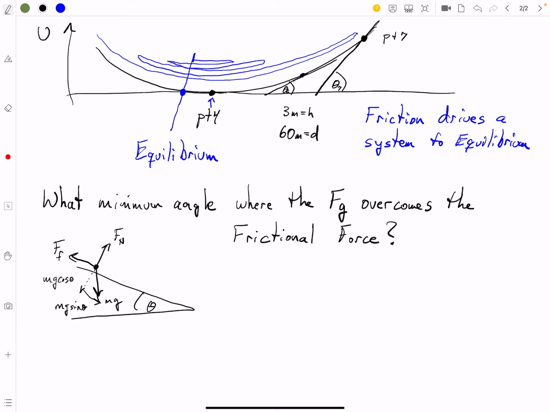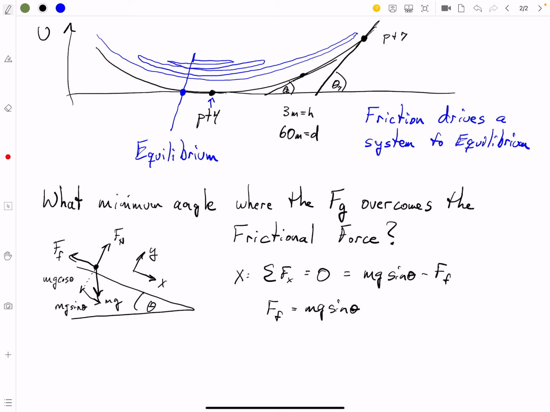We're going to be at the point where the force of friction balances with the mg sine theta. So if we consider this to be x and this is y, in the x direction the sum of the forces in x is equal to 0. Right at that point, mg sine theta is positive, minus the force of friction is negative, guaranteeing that the force of friction is equal to mg sine theta.